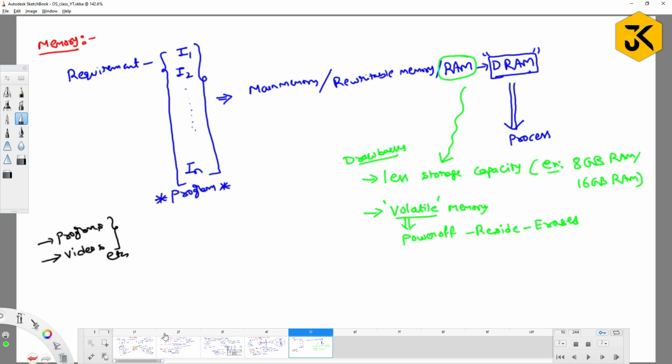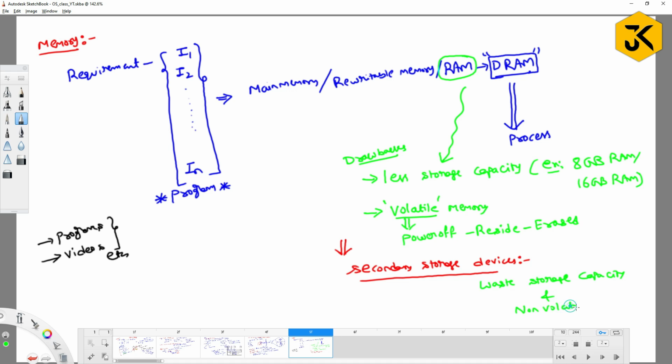To overcome these drawbacks, they came up with a solution. That solution is various kinds of secondary storage devices. These secondary storages avoid these drawbacks, meaning they can have vast storage capacity, and they are non-volatile.